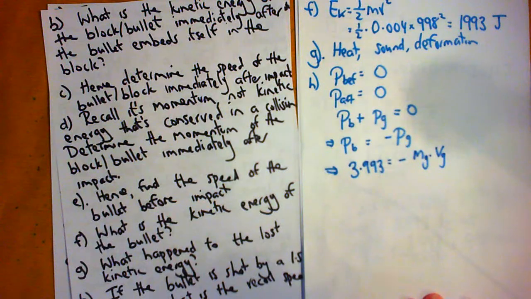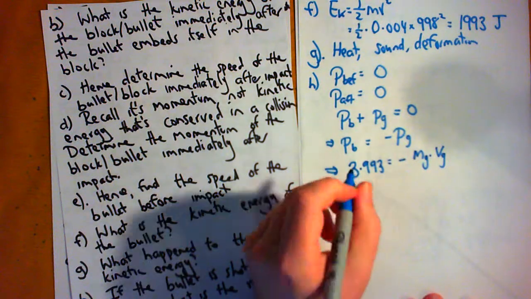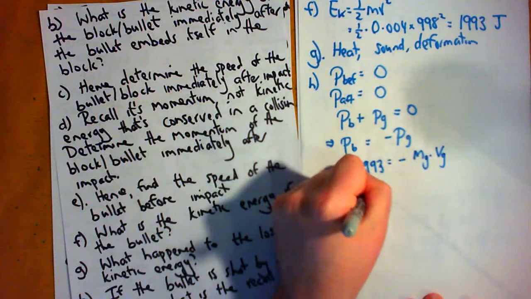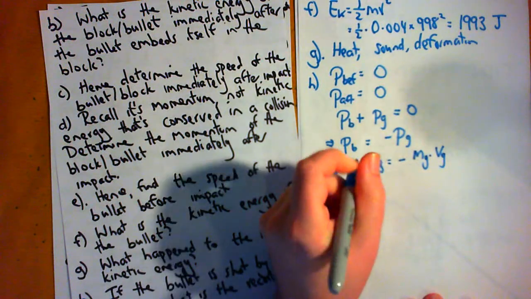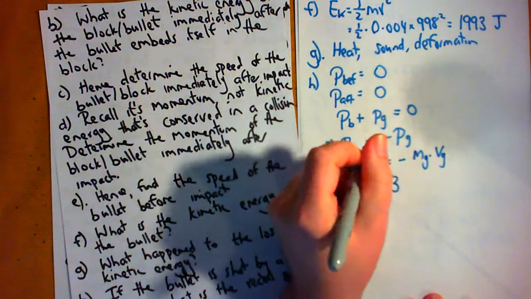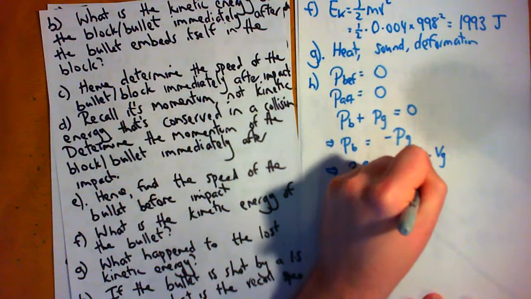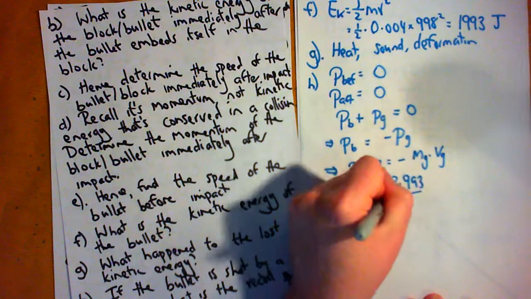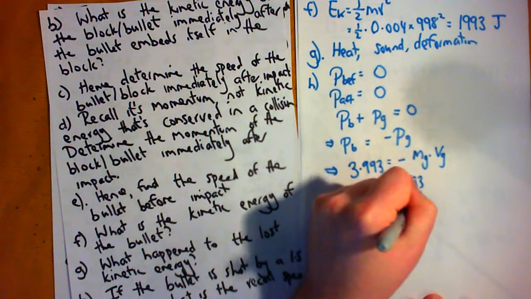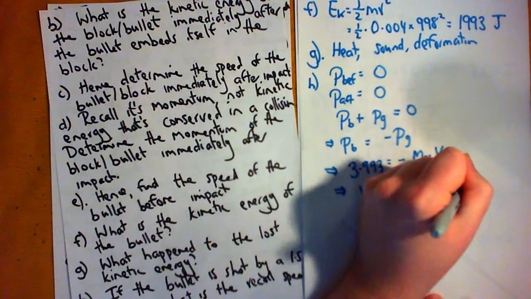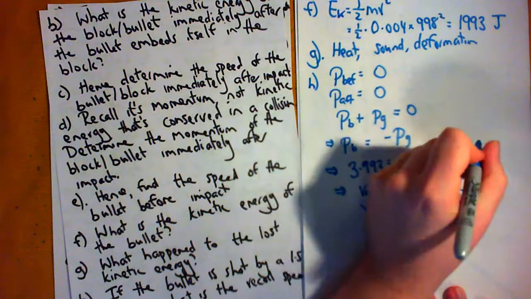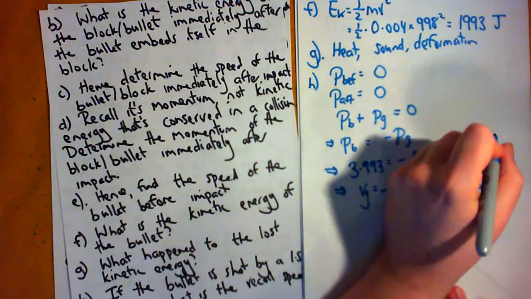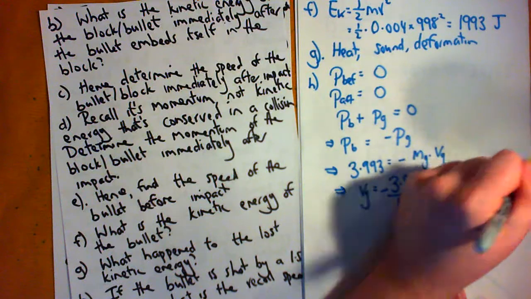And it's that recoil speed of the gun that we need to find. So to get VG, that recoil speed, it's going to be 3.993, and we need to divide by the mass of the gun, which is 1.5, and that is in the opposite direction. And if we do that, we get a value of 2.66 metres per second.